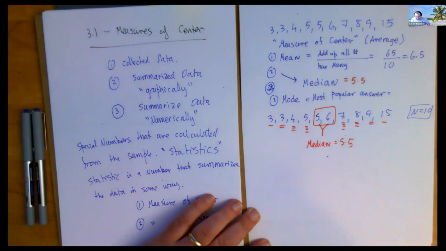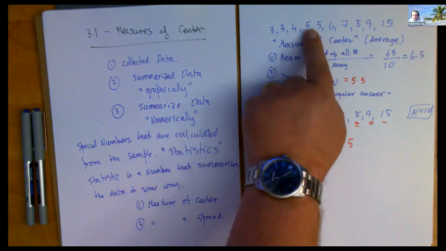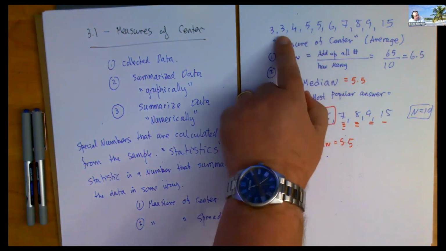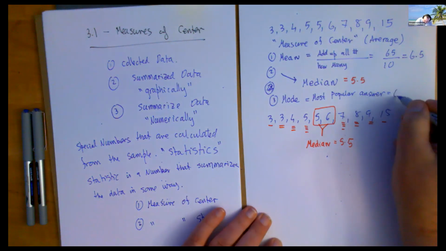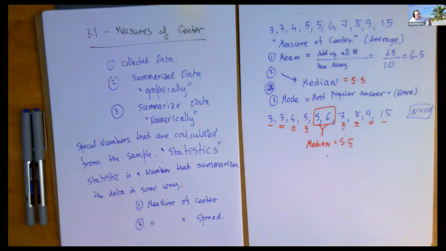Now, in this case here, aren't there 2 5s and 2 3s? Agreed? So in this particular case, although some textbooks do what I do and other textbooks don't, I'm going to say that there is none in this particular case.